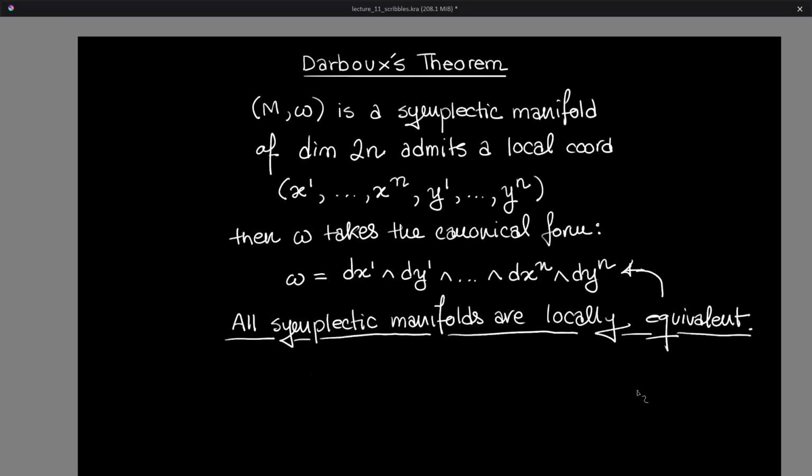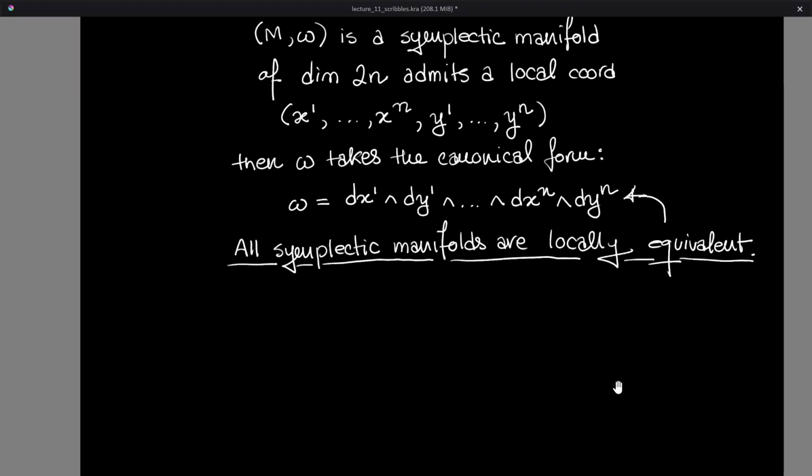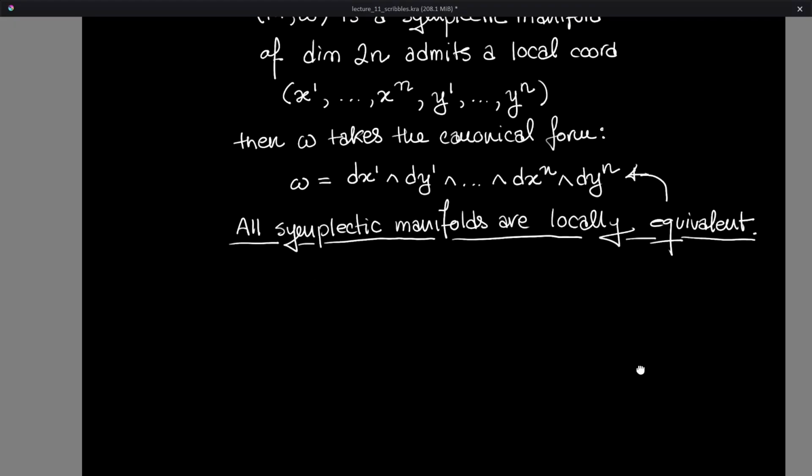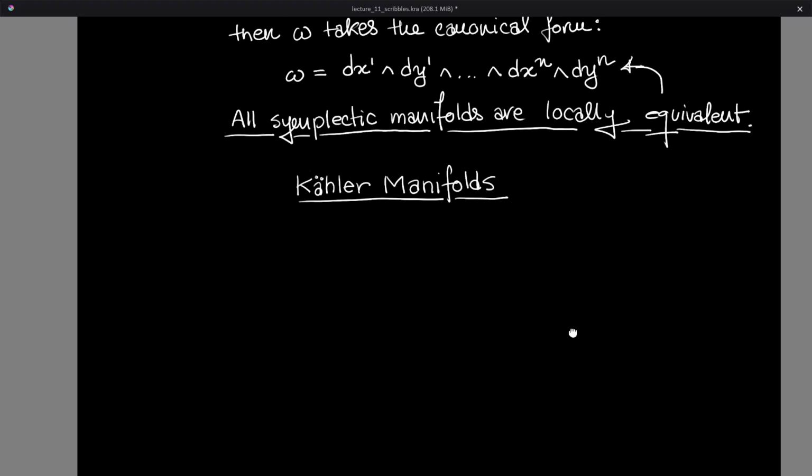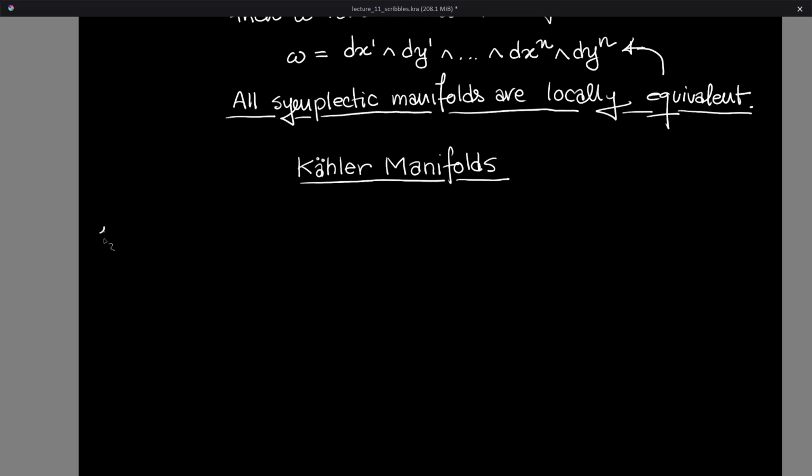Now that we've talked about symplectic manifolds and symplectic areas, we can finally move on to Kähler manifolds. When we were talking about the symplectic form, we already talked about one of the ways in which we can define a Kähler manifold. So let's state that first of all.